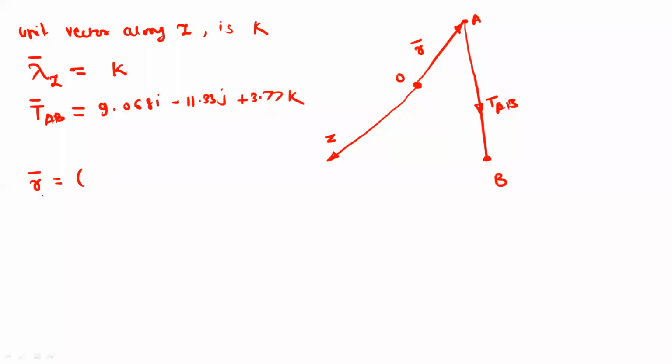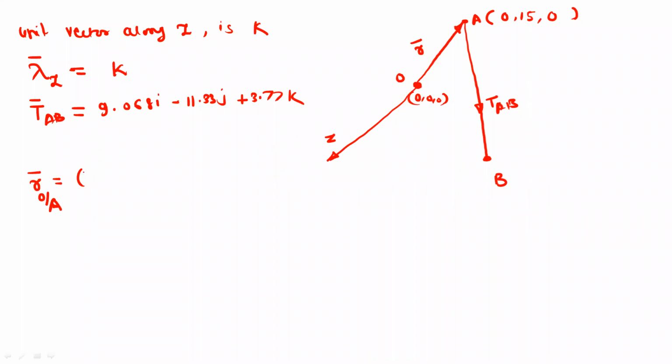We will represent this R bar as O slash A, which is A minus O. Coordinates of point A are 0, 15 and 0. For point O, coordinates are 0, 0, 0.